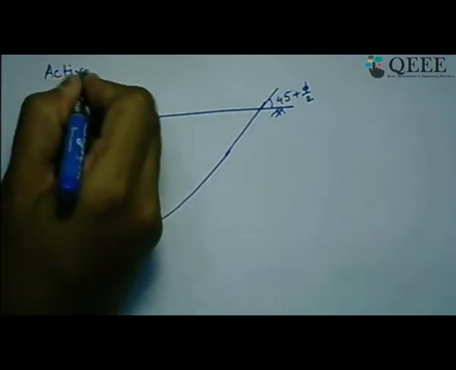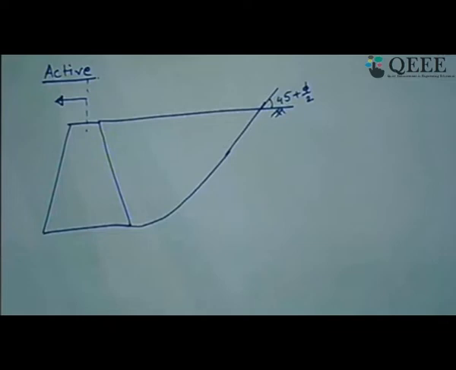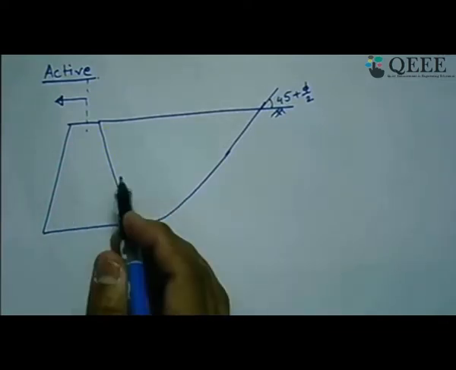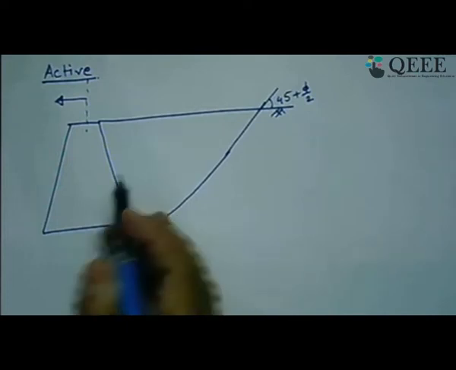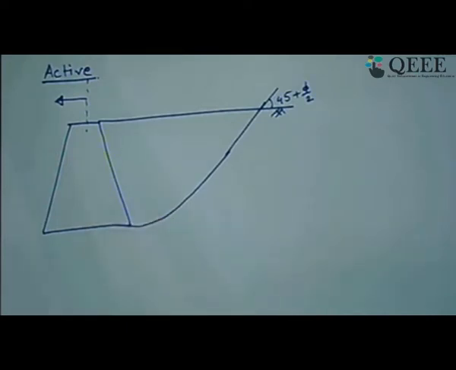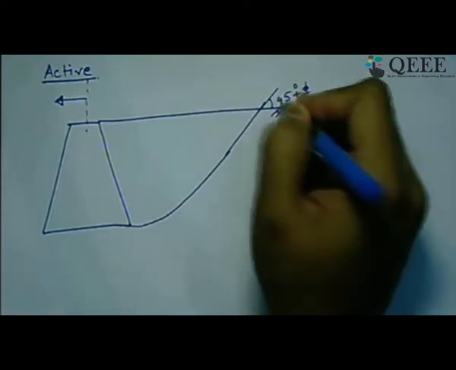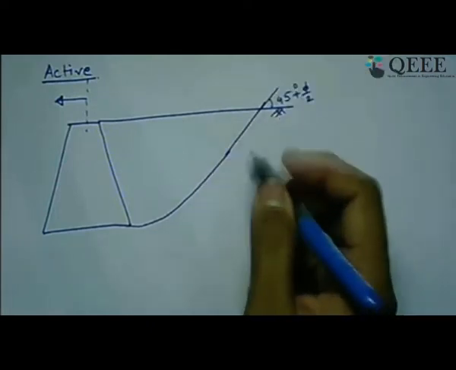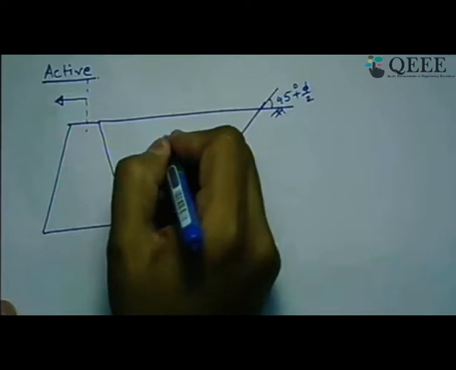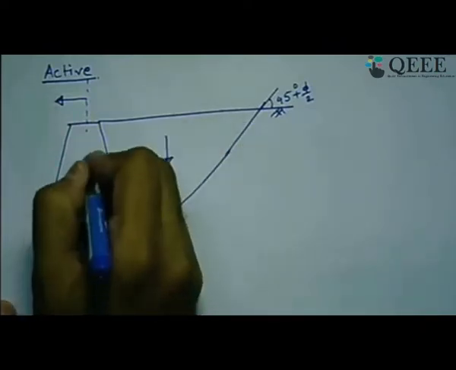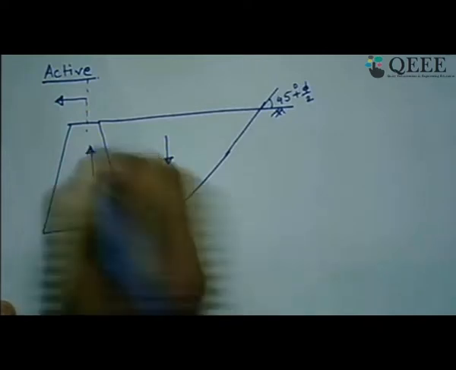Now so far we have never mentioned among the wall and soil who goes up or who goes down. In this case of active state, if we want to see what we can find out in this scenario, soil moves down, wall moves up.